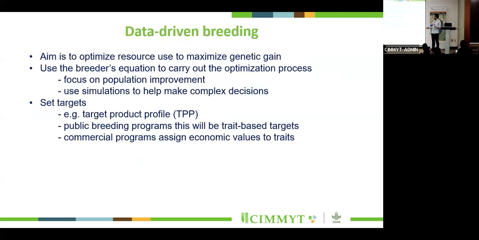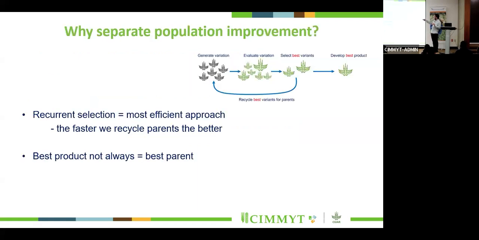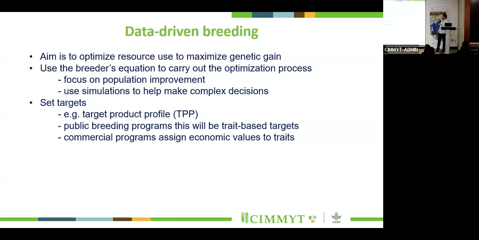It's because when we use the breeder's equation, we're thinking about population improvement, basically. So before I start talking about the breeder's equation, we put it in this context. The breeder's equation is to optimize this, basically. It's a bit more complicated, but that's the basic way we need to be thinking when we're thinking of the breeder's equation.